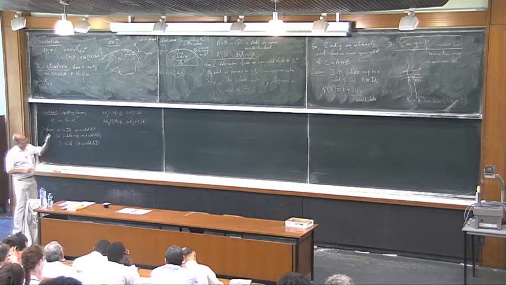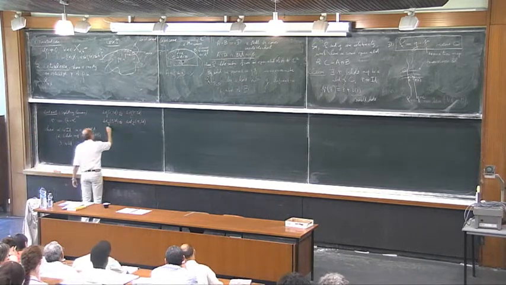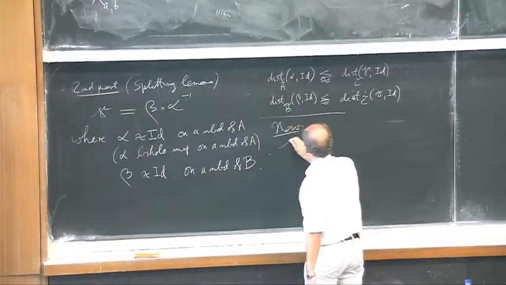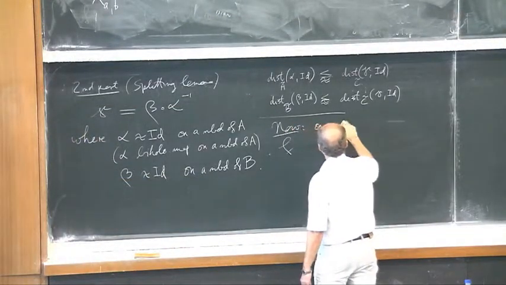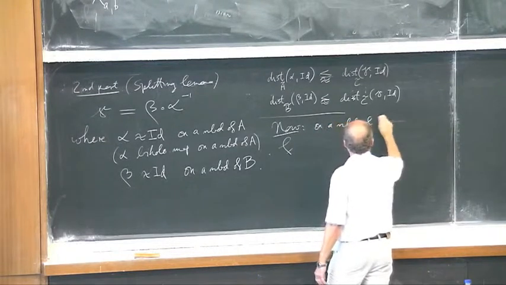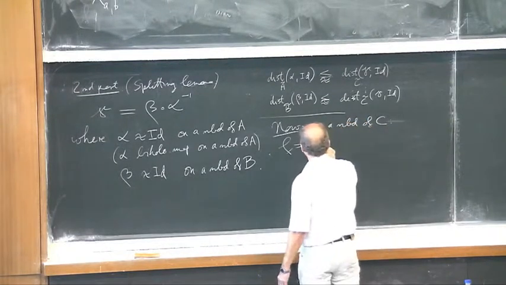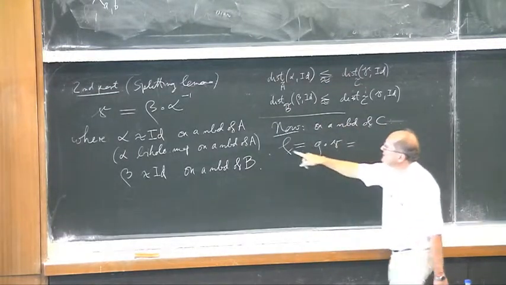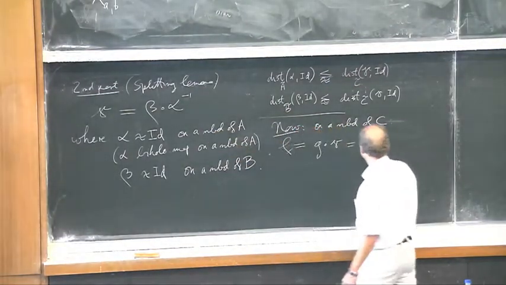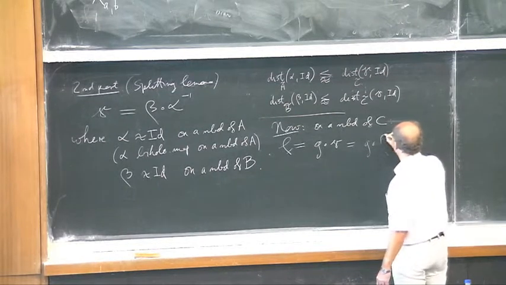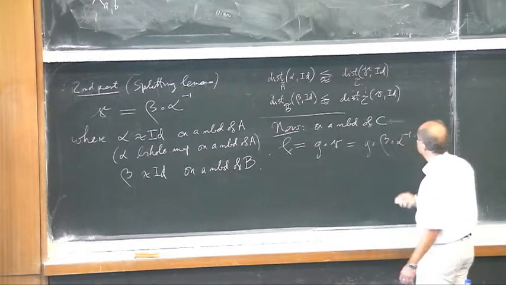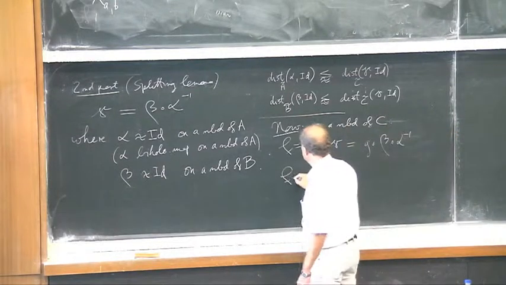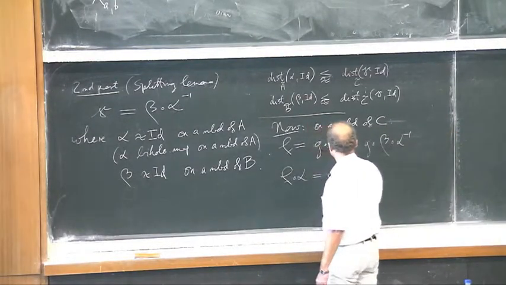And now the last step is obvious, right? Because now, on a neighborhood of C, we have that F is equal to G composed with this transition map, which I have written like that. So it's G composed beta composed alpha inverse. And now we put alpha inverse there, so we write this as F composed alpha is G composed beta.